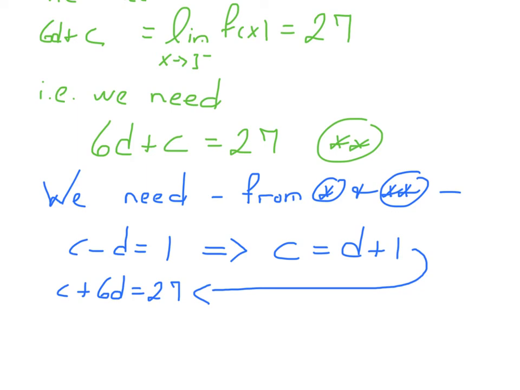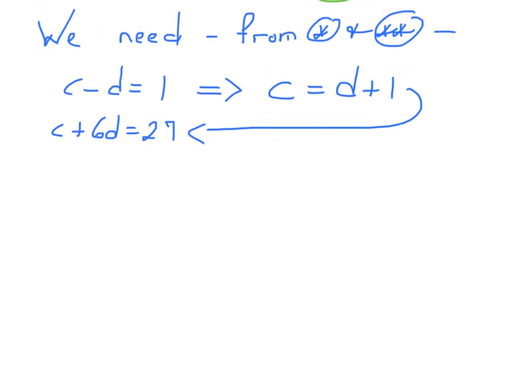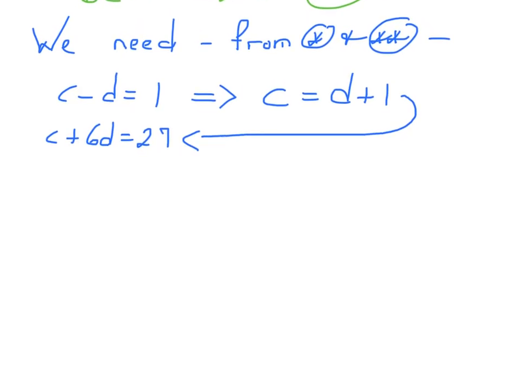C is d plus 1, so d plus 1, that's our c, plus 6d is equal to 27.